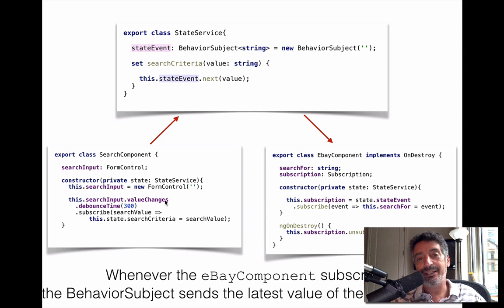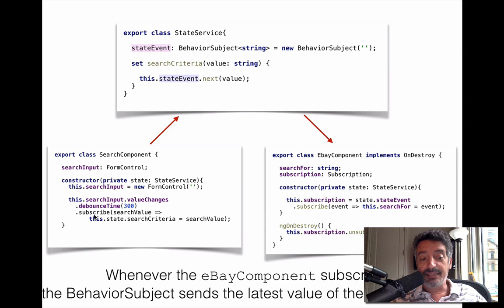But I don't want to get every value. When I enter AAA quickly, I don't want to push A and then AA and then AAA. So I added the operator debounce time, so it'll push the data only if there is an interval of 300 milliseconds in my case between the user typing the data.